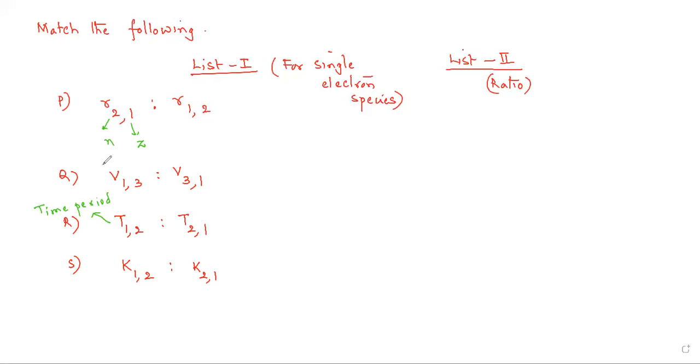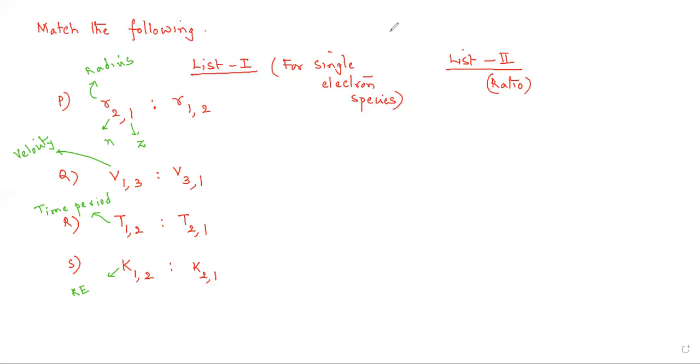Then V, of course, is velocity. Then, of course, K is kinetic energy. Here, this R is radius. Every time it is n, the first one, and the second one is Z, these two.